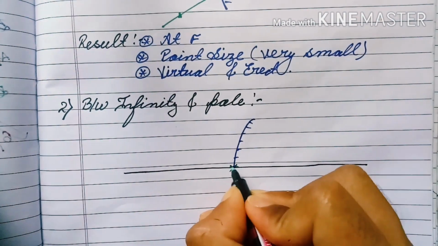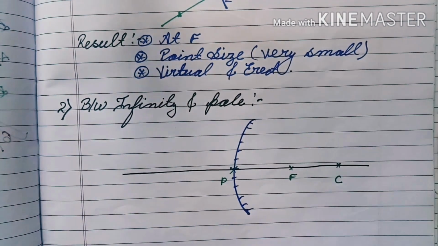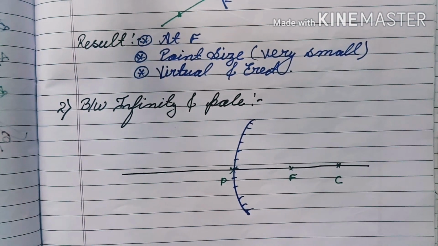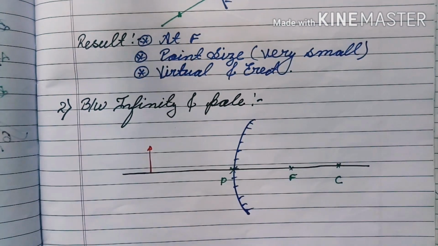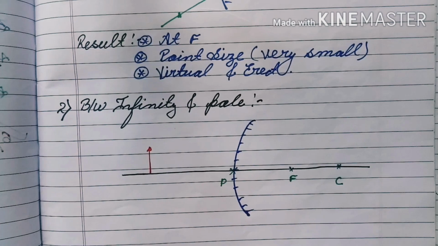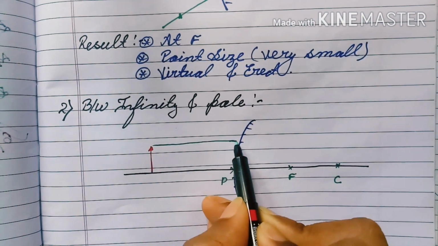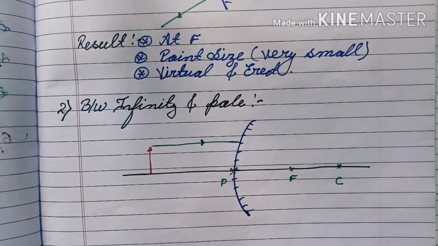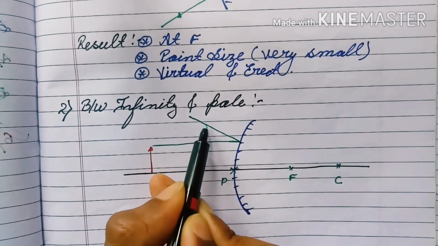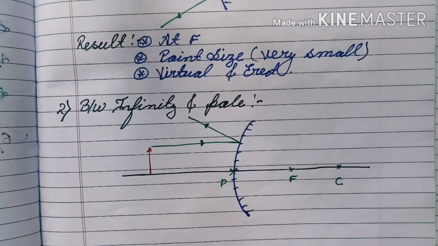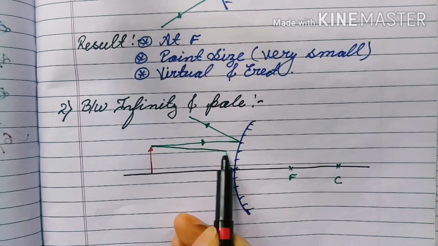Then this point is pole, this is focus, this is center of curvature, and we place an object here. Then an incident light ray which is parallel to the principal axis, after reflection goes like this. And another incident light ray like this.